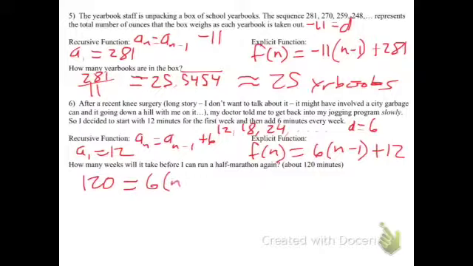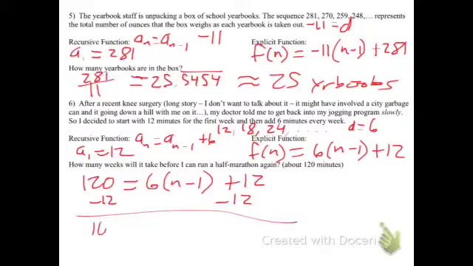And then I need to find out what my n is, the number in the sequence. Remember, n is the number in the sequence, not necessarily how many weeks there is. So I need to do a little bit of solving. I'm going to subtract 12. I'm going to get 108 equals 6 times n minus 1. I need to divide by 6.